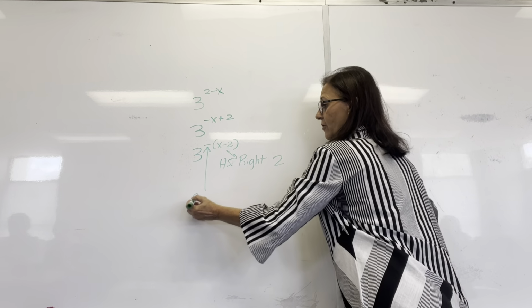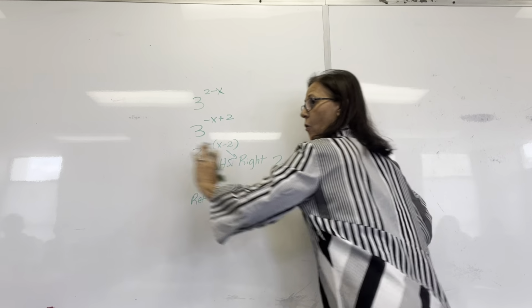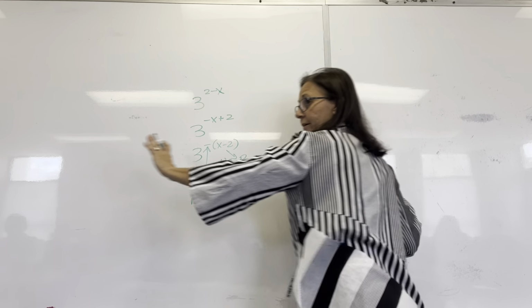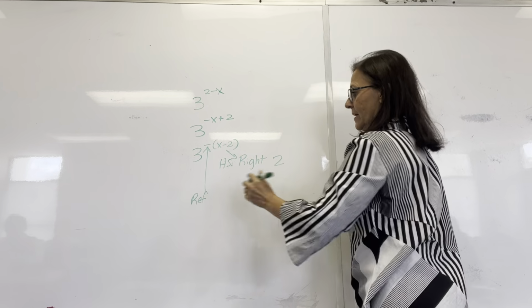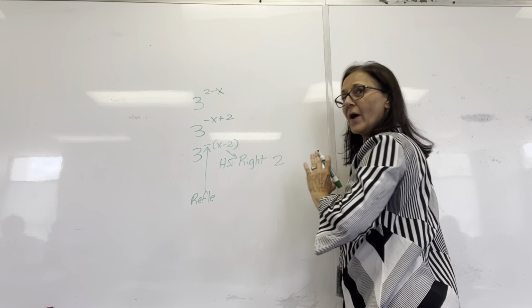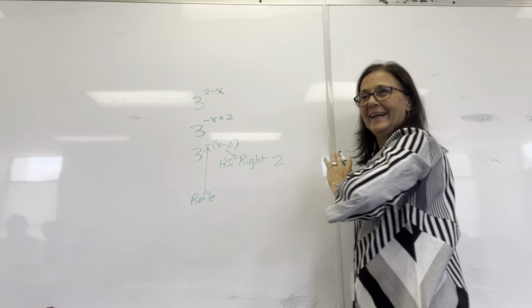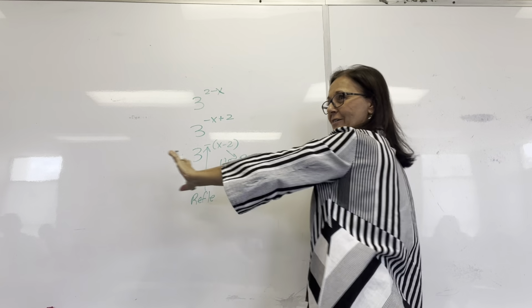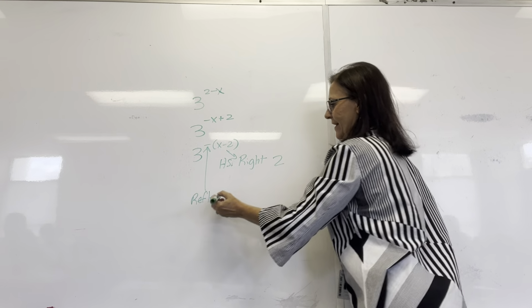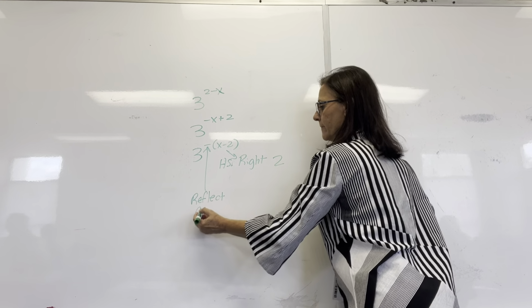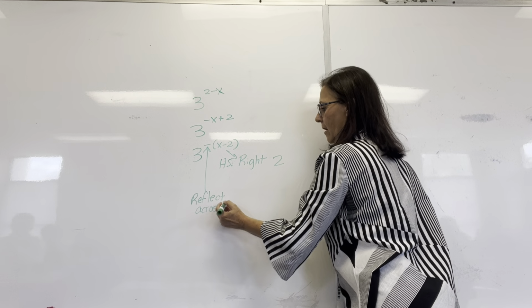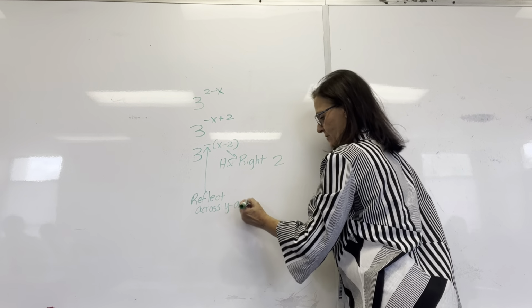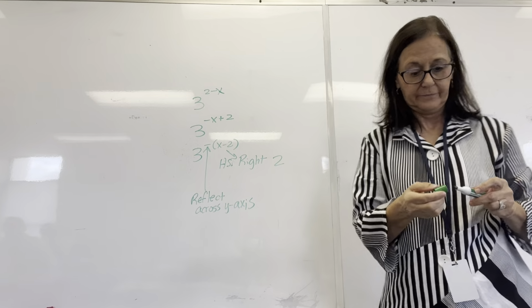It's a reflection across what axis? The x-axis. A horizontal reflection. It's the y-axis. Okay? That's why I always do this, y'all. This is horizontal. It goes across the y-axis. That's why I always do my hand that way. Reflection across the y-axis.